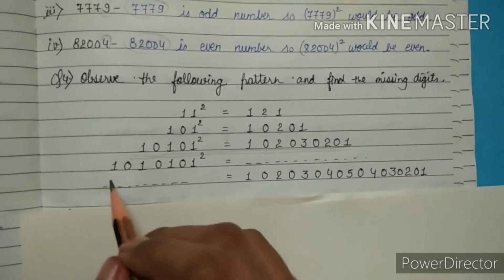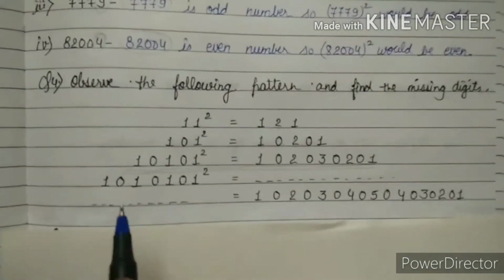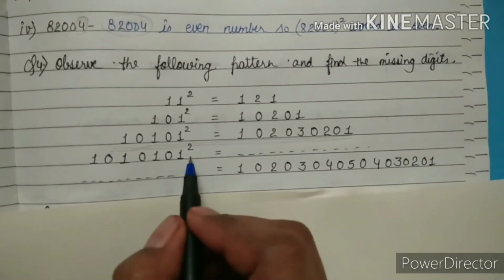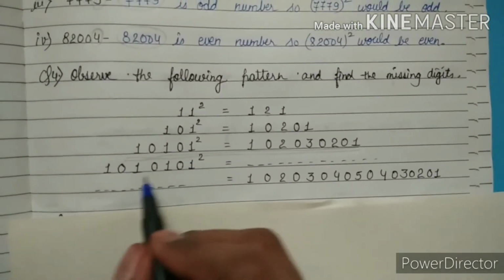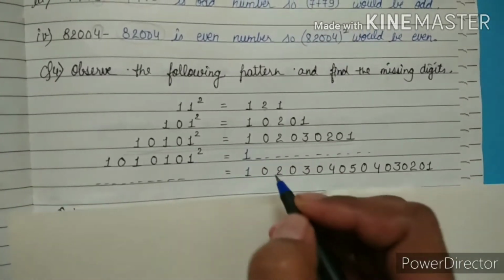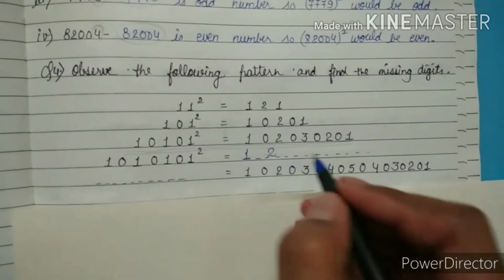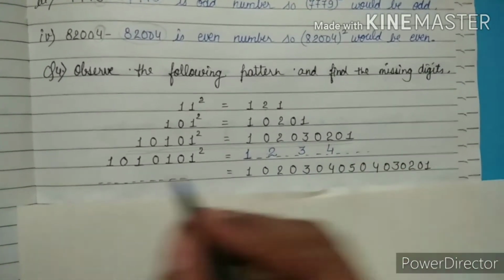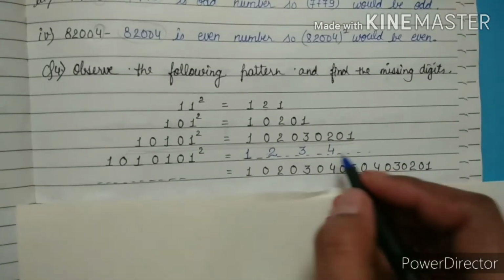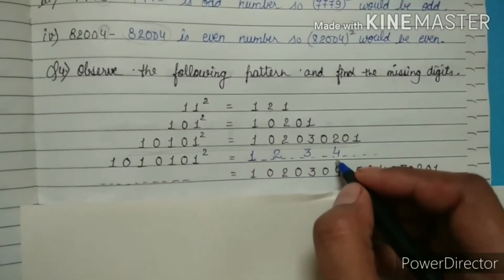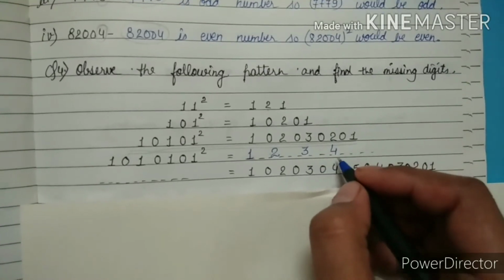Now, as you can see, here we have 1, 2, 3, 4. 4 times 1. It means we have to go till 4. So we start from 1, after 1 comes 2, after 2 comes 3, after 3 comes 4. Now we have to go in descending order.